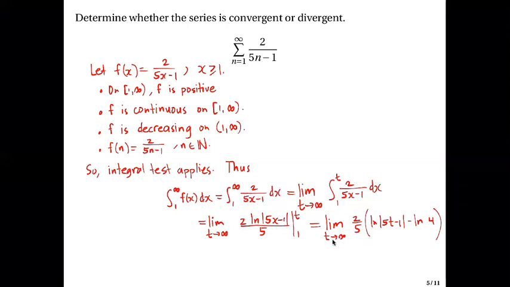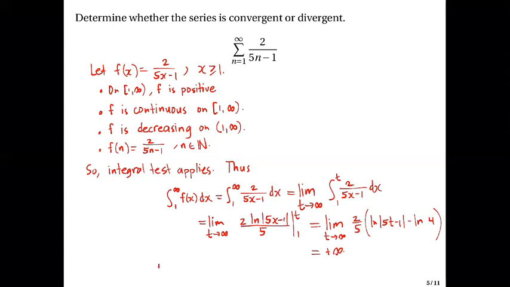And of course, as t approaches infinity, 5t minus 1 will go to infinity. You have ln of something going to plus infinity is also plus infinity. So this is plus infinity, which means this is divergent, and therefore this series is also divergent.